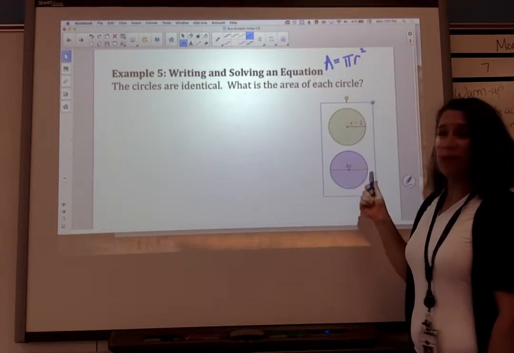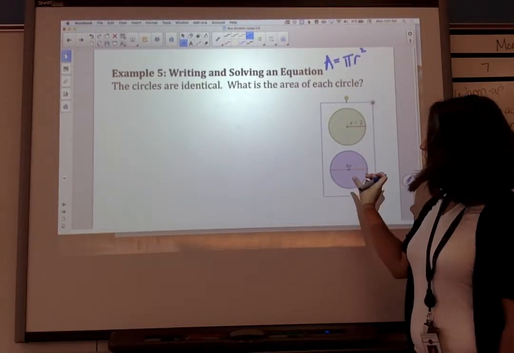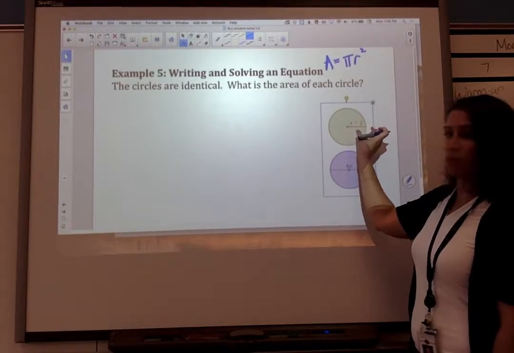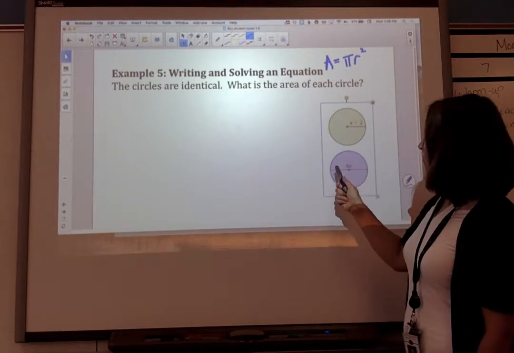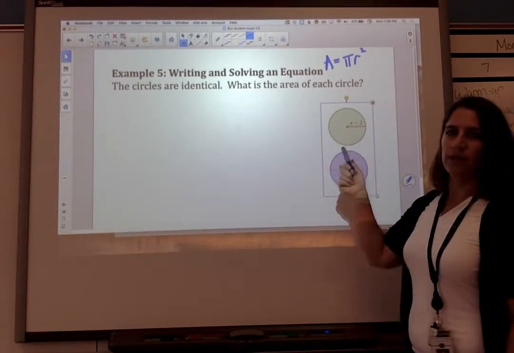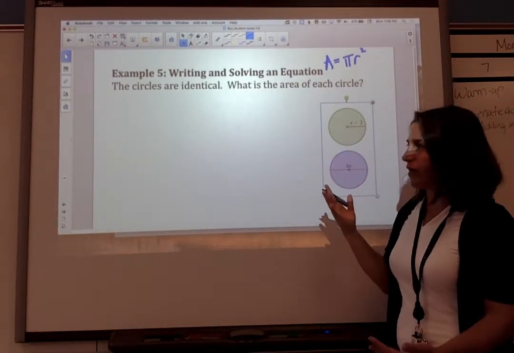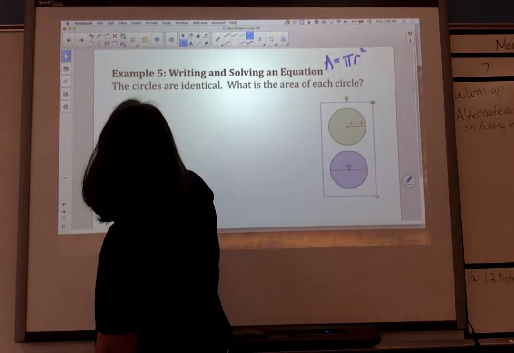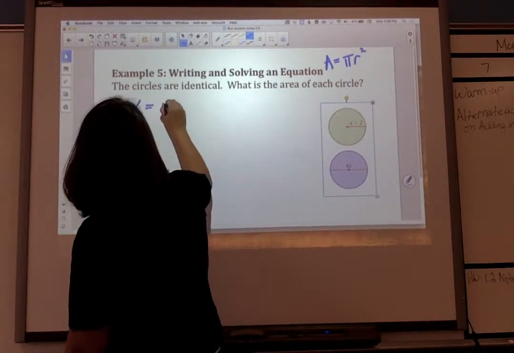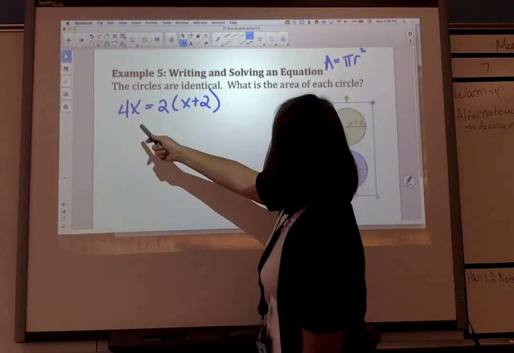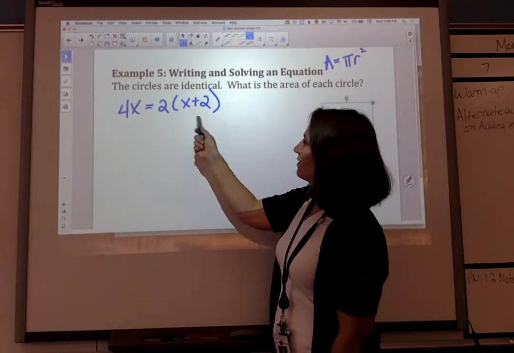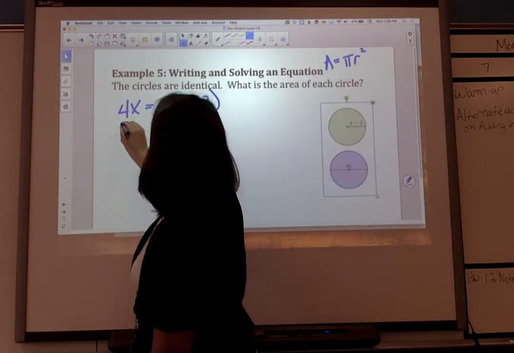So I could either set the two radii equal to each other by saying 2x equals x plus 2, or I could set the diameters equal to each other by saying 4x equals 2 times the quantity x plus 2. I'll go ahead and take that option. So here's the diameter of the purple circle, and then let me simplify the diameter of the green circle.